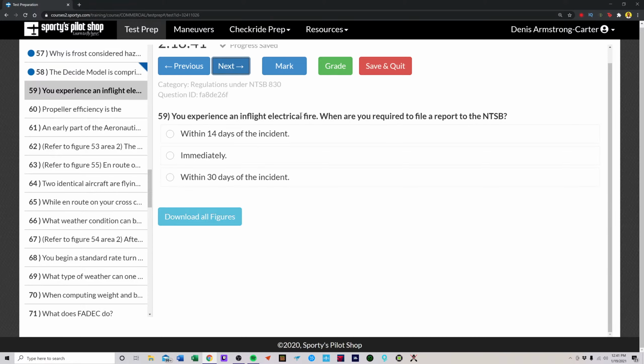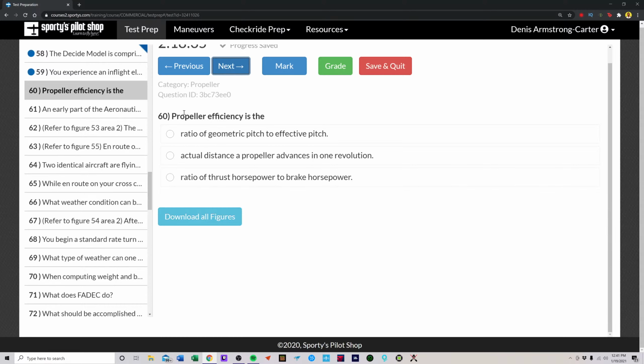You experience an in-flight electrical fire when you're required to notify the NTSB. Immediately, guys. Immediately. Propeller efficiency is the ratio of the geometric pitch to effective pitch. Actual distance the propeller advances in one revolution. Ratio of thrust horsepower to brake horsepower. So propeller efficiency. So that's how you want to make the propeller most efficient.